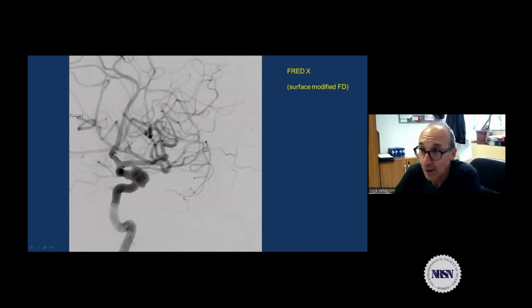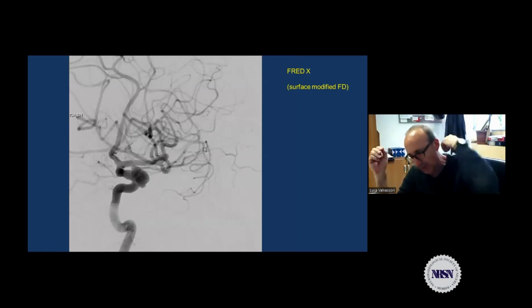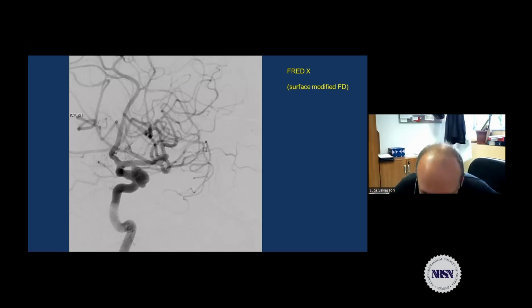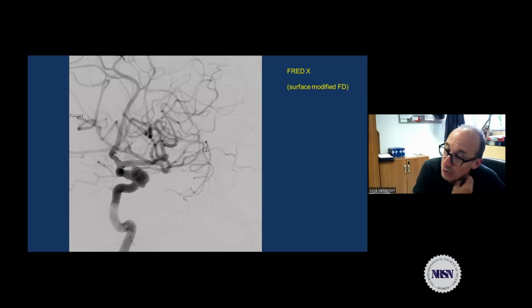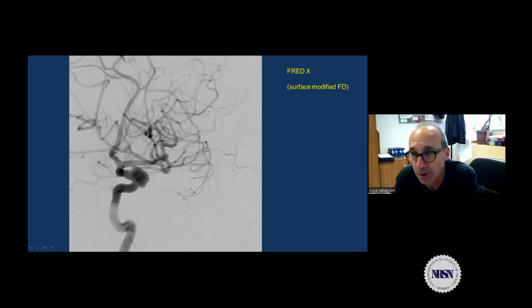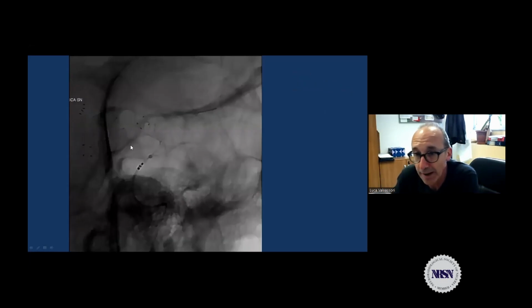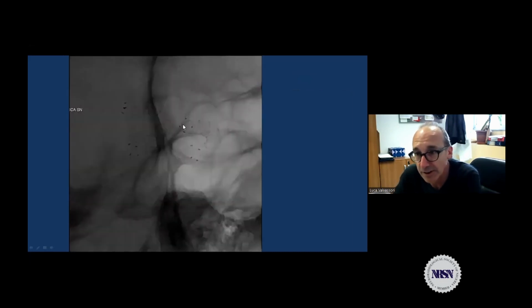And this is a flow diverter with the surface modified, meaning that one of the directions of research of the company is to create flow diverters that have a low thrombogenic power, so that hopefully in the future we will be able to reduce our antiplatelet therapy. And this is the so-called FRED X from MicroVention.